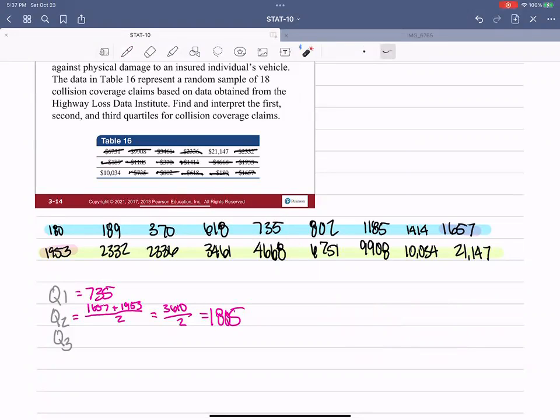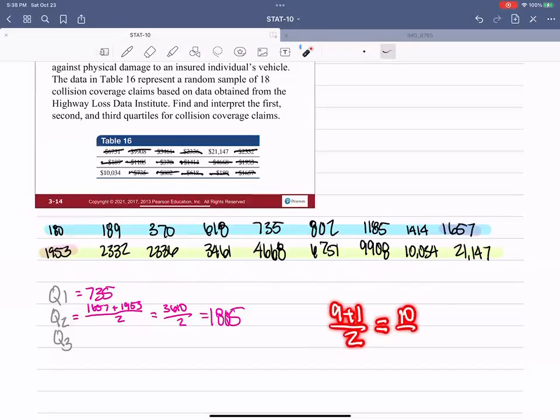And we do the same thing here for our upper half. So the upper half, 1, 2, 3, 4, 5, 6, 7, 8, 9. So same thing here, there are 9 data values. So we would do 9 plus 1 divided by 2. This is going to give us the rank of the median of our upper half.